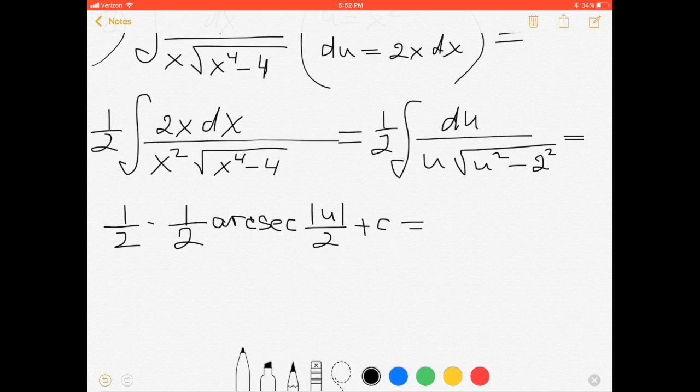And then we need to remember what u is, and it will be 1/4 arc secant of the absolute value of x squared over 2, plus c. Okay, great.